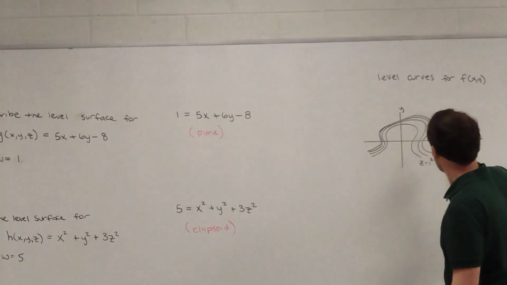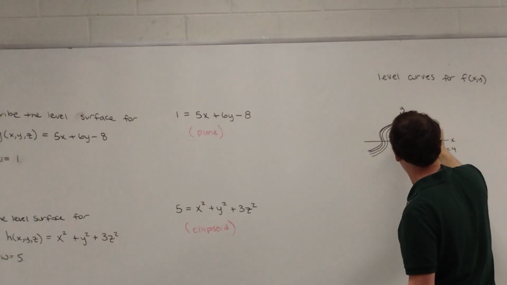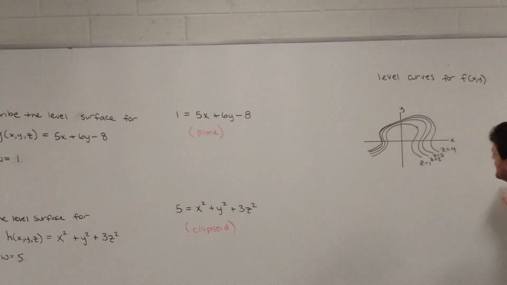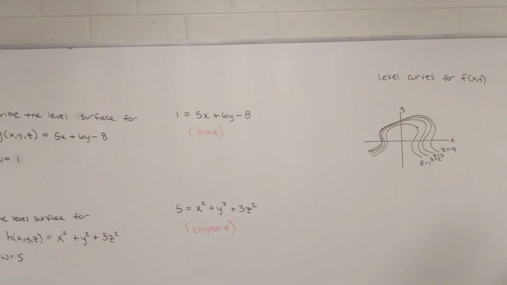If I'm standing at this point, and I head in the direction, like directional derivatives, of 1 comma 1, is my function increasing or decreasing? Increasing. We're looking at these level curves here, 1, 2, 3, 4. Z equals 1, so I'm ascending. So if I head in the direction of 1, 1, I'm increasing.